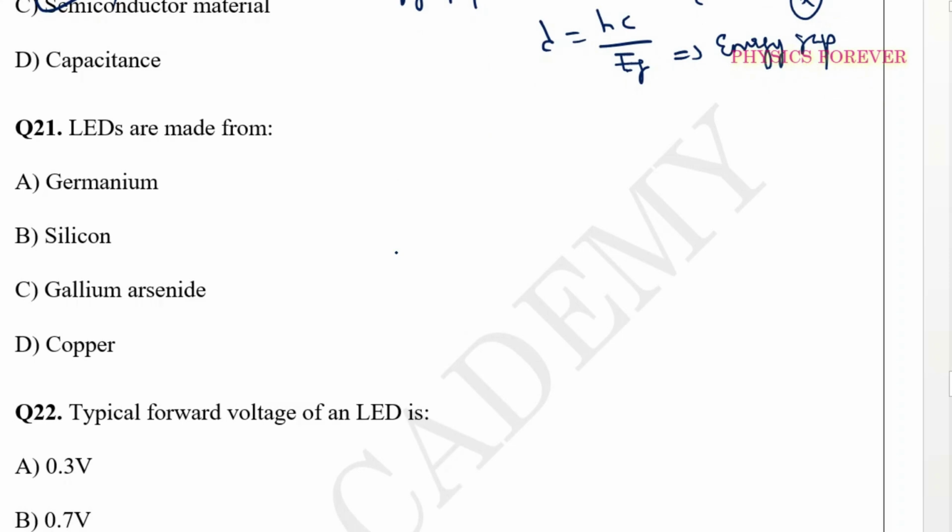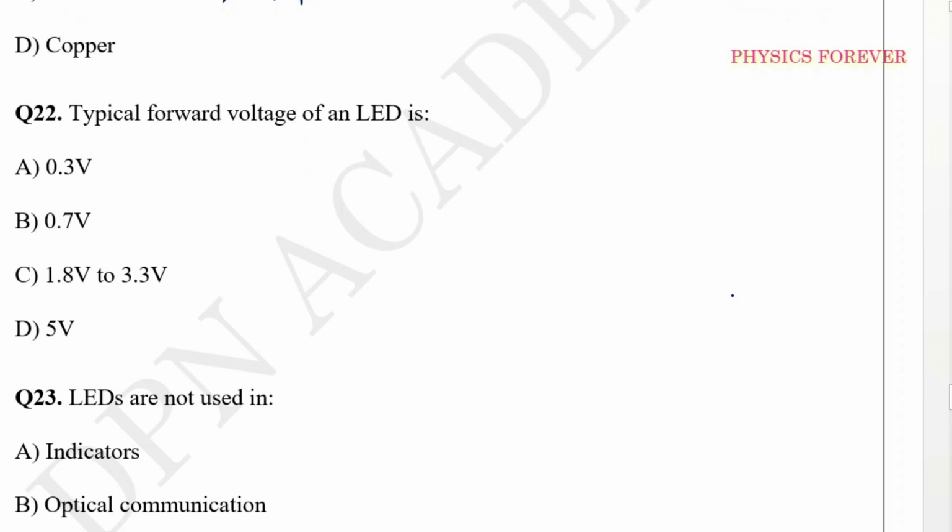So LEDs are made up of gallium arsenide and gallium phosphide. Then what is the typical voltage for an LED? This is important. It should be approximately 2 volts.